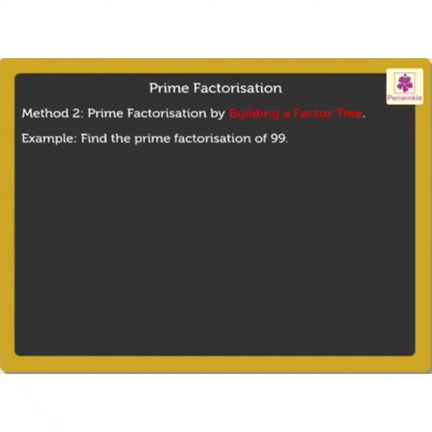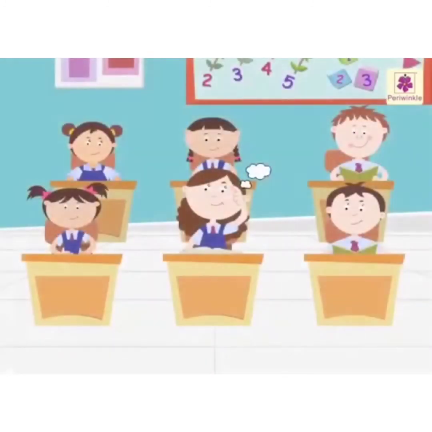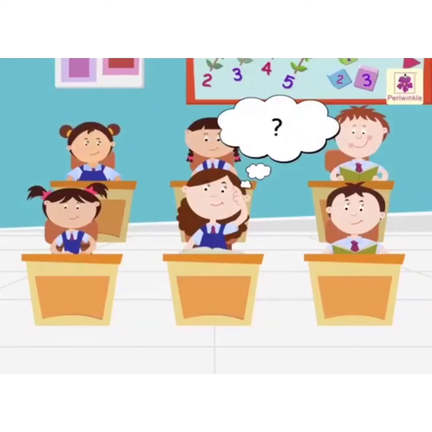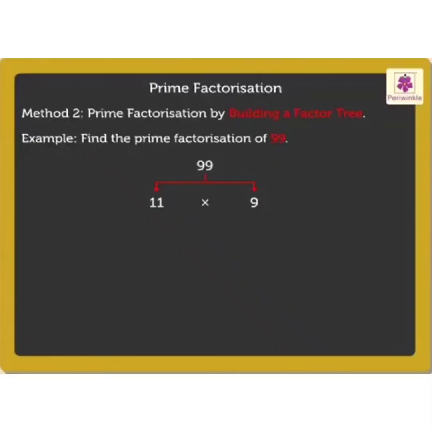Find the prime factorization of 99. We begin with finding out a pair of factors of 99. Kids, which pair comes to your mind first? Exactly, 11 into 9 will give you 99. Here 11 is already a prime number, but 9 is a composite number.